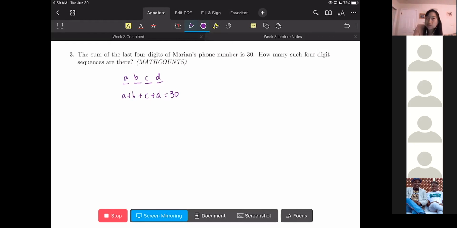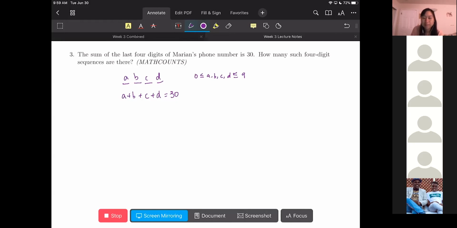And the restrictions we have here are that A, B, C, and D are digits, so they have to be between 0 and 9. So any ideas on how we can do this one? This one's a little trickier.